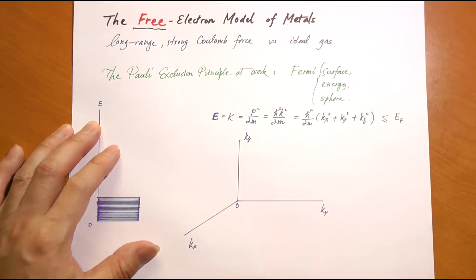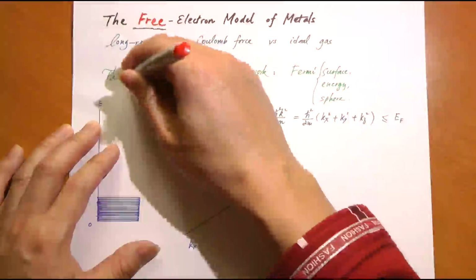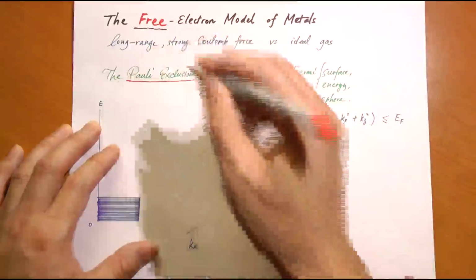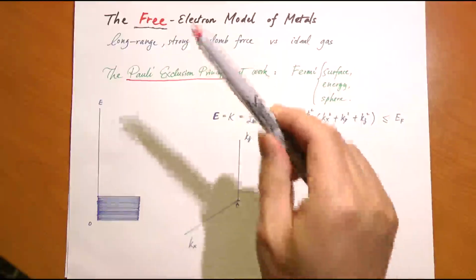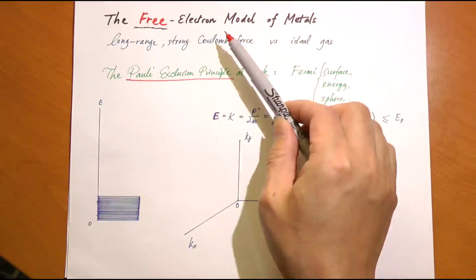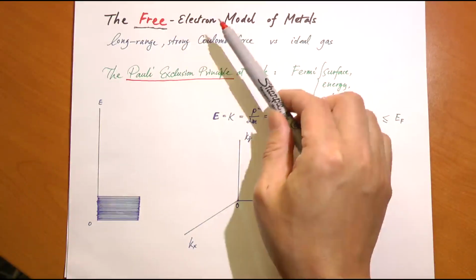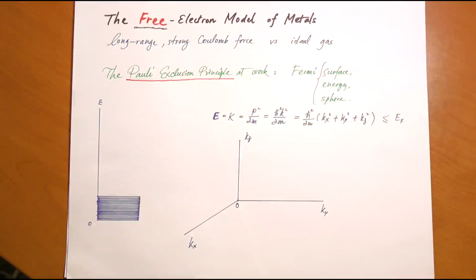This principle is called the Pauli exclusion principle. You remember that? The Pauli principle effectively turns off most of the electron-electron repulsion and turns these electrons into virtually an ideal gas, without any electron-electron interaction.